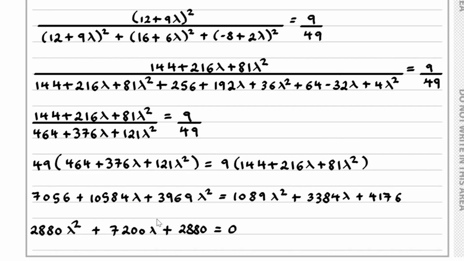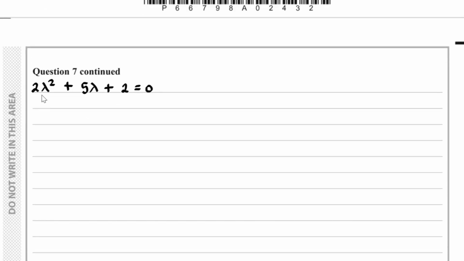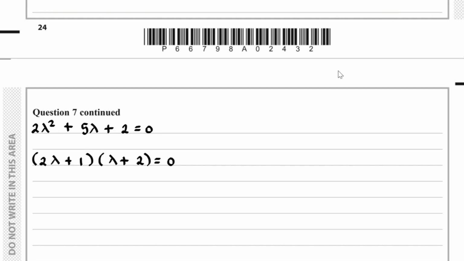And taking everything over to one side, we end up with 2880 lambda squared plus 7200 lambda plus 2880 equals 0. And therefore, we end up with 2 lambda squared plus 5 lambda plus 2 equals 0. And if we factorize, we've got (2 lambda plus 1) lots of (lambda plus 2) equals 0, from which you can see lambda is either equal to -1/2 or -2.